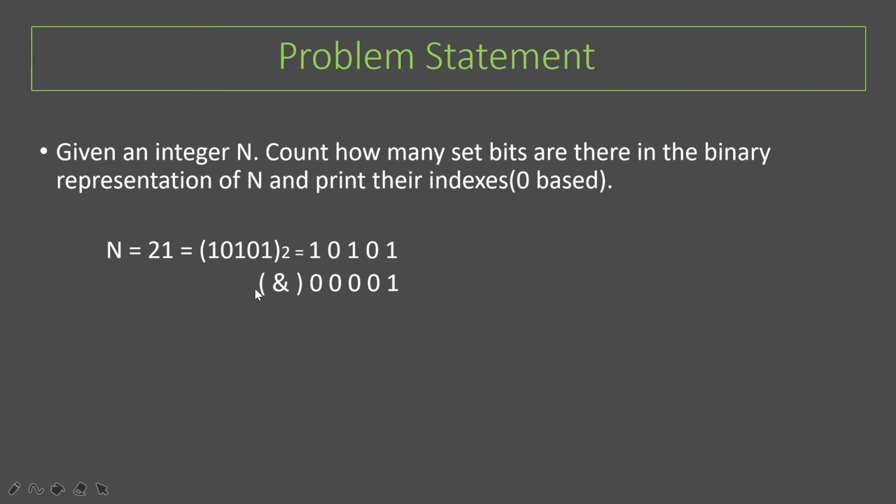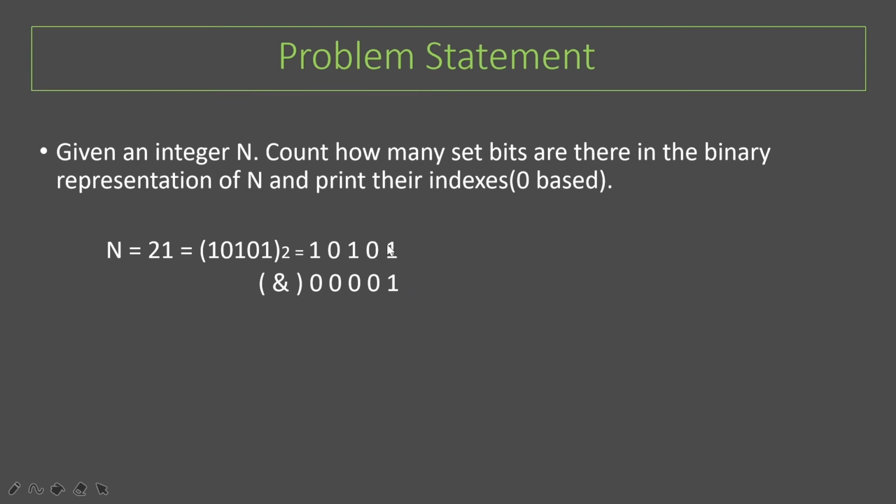Then if we do an AND operation of this number with 1, we will get the rest of the bits 0, that we are not thinking about, so we will discard them.